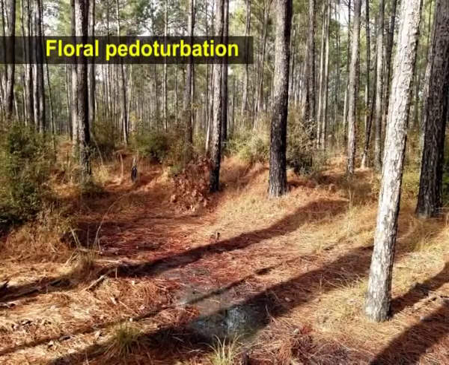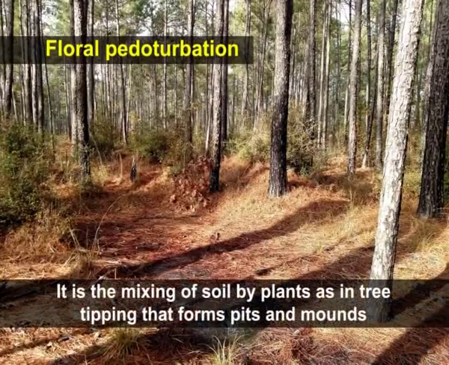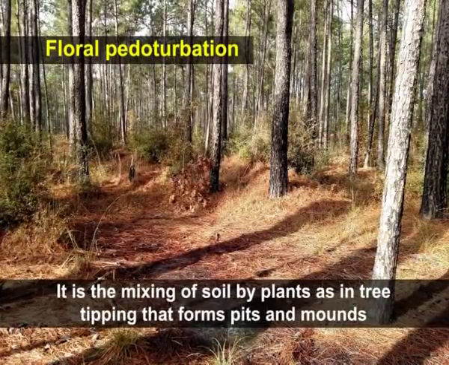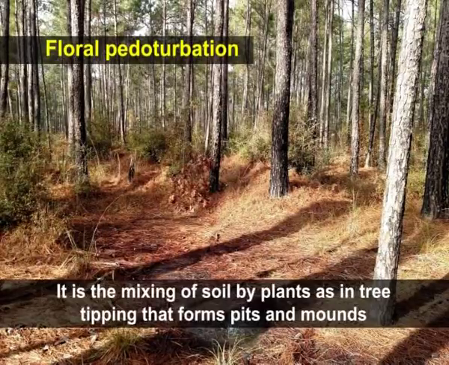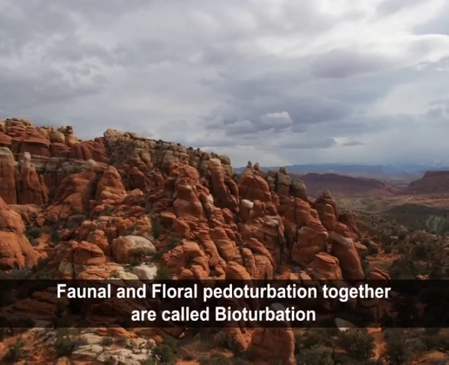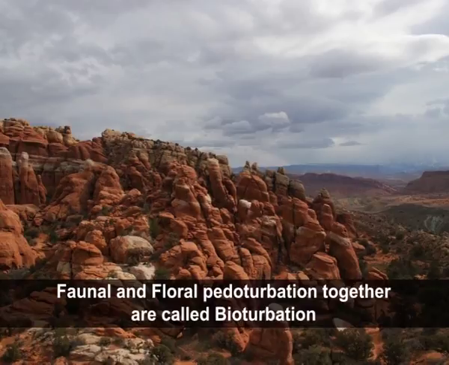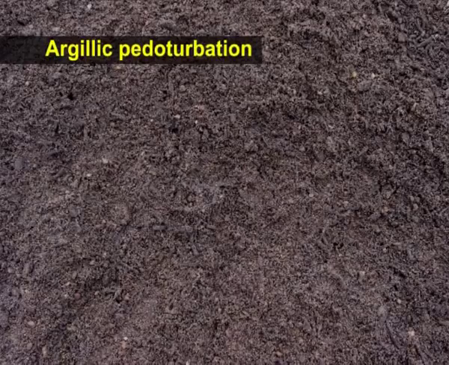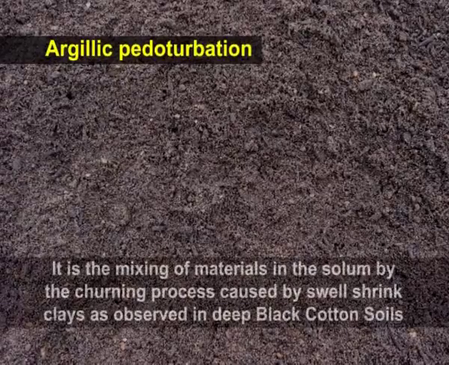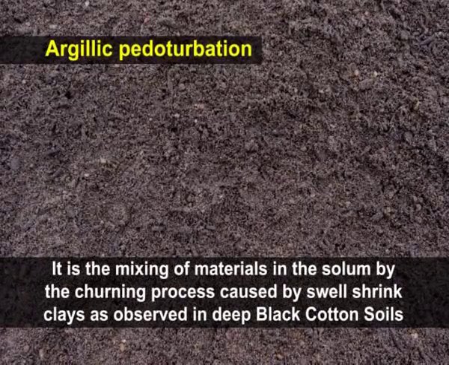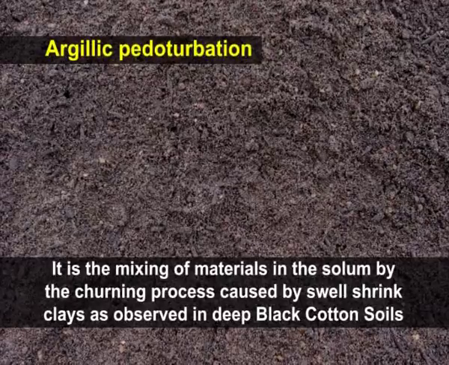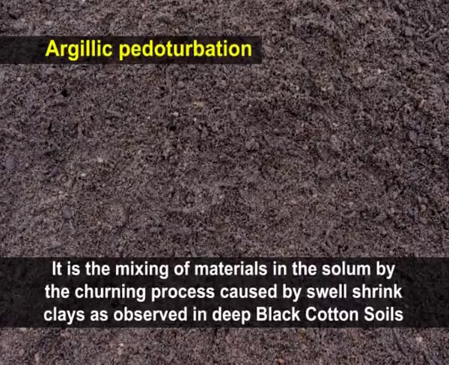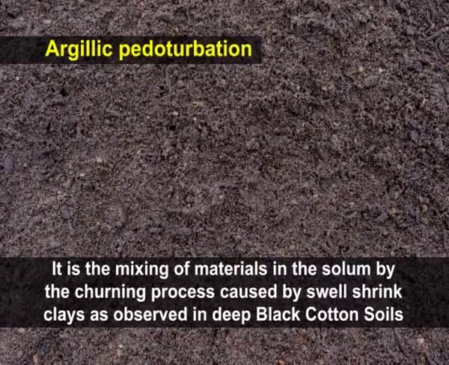Floral pedoturbation. It is the mixing of soil by plants as in tree tipping that forms pits and mounds. Faunal and floral pedoturbation together are called bioturbation. Argillic pedoturbation. It is the mixing of materials in the soil by the churning process caused by swell-shrink clays as observed in deep black cotton soils.